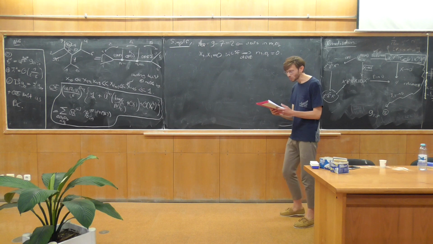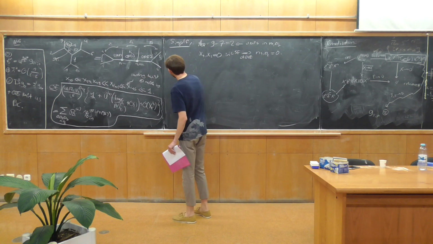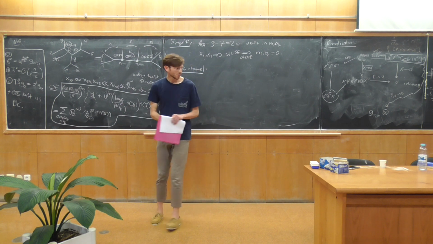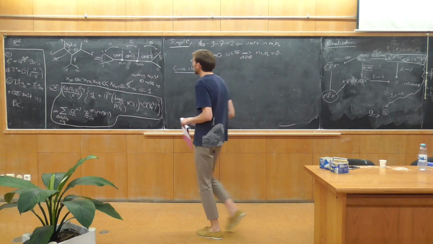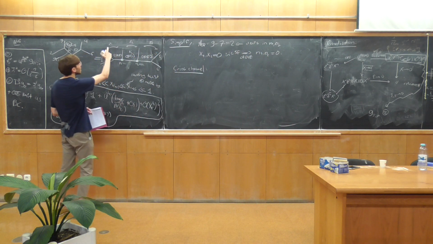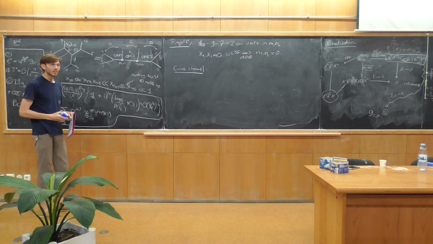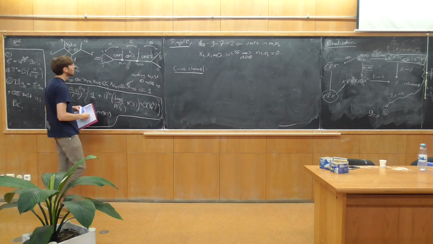So now I've simplified things, and so now I can write down the cross-channel blocks. For that, I'll just need a bit of notation. So these epsilons are bookkeeping parameters for the light cone limits I drew.